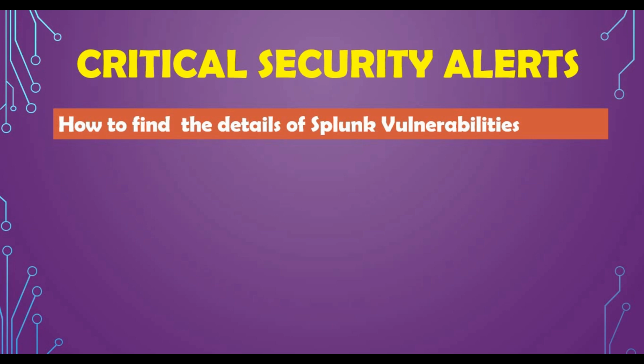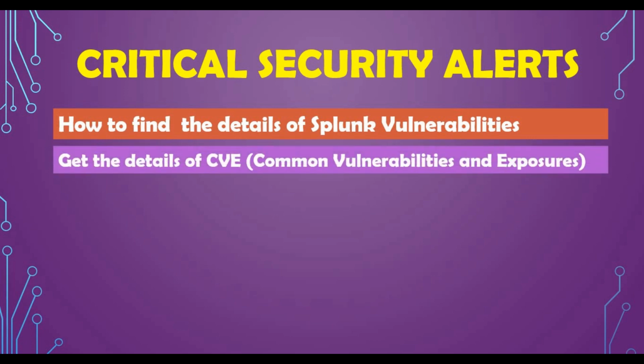You may want to understand how you can find the details about these vulnerabilities: what the vulnerability is about, what the reason for it is, how to fix it, all those things. So we first need to get the details about this CVE. For each vulnerability there will be a number, the Common Vulnerabilities and Exposures database entry, and we need to get those details and understand what the vulnerability is about.